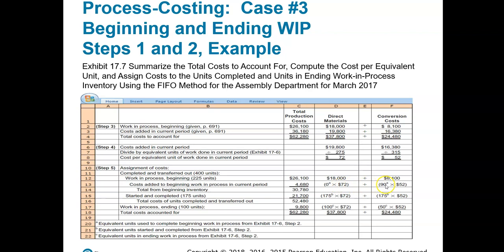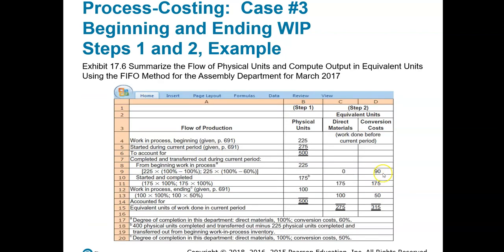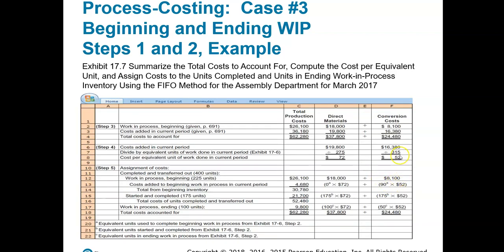What about conversion costs? Well, I'm going to take the amount of equivalent units done this period for conversion costs and multiply that by my cost per equivalent unit to get this dollar amount here. So I'm going to have the total here of $4,680 with the cost added to beginning inventory. So the total cost transferred out from beginning inventory is going to be the prior cost incurred plus the cost I added in. So my total beginning inventory costs are going to be $30,780.